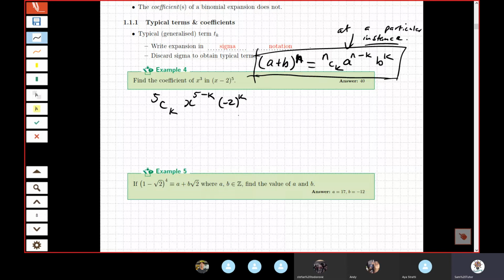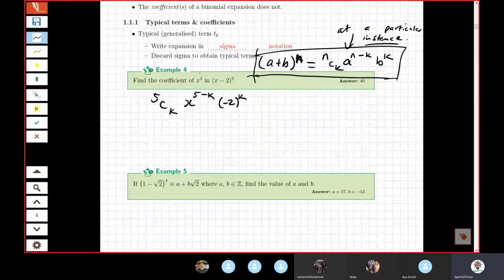Do we all understand what I've written here? Can we see how that relates to my formula? 5 choose k, x to the 5 minus k, and then negative 2 to the k. Do we all understand this line? Yes? Yeah. Now that's at any instance, remember that.